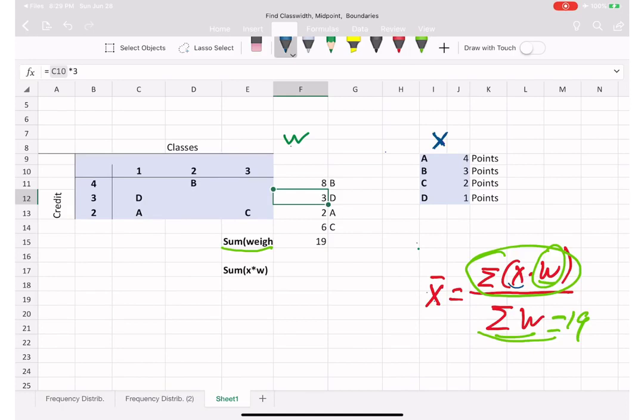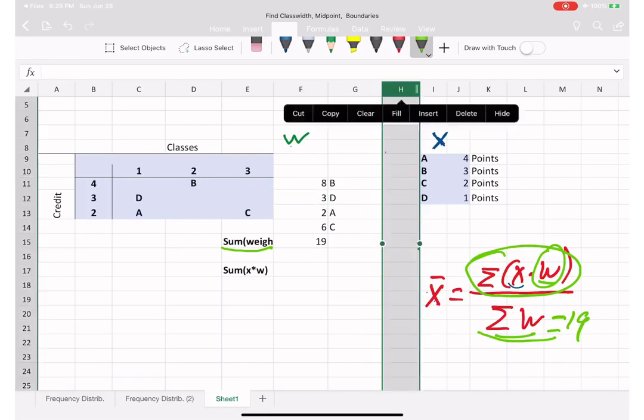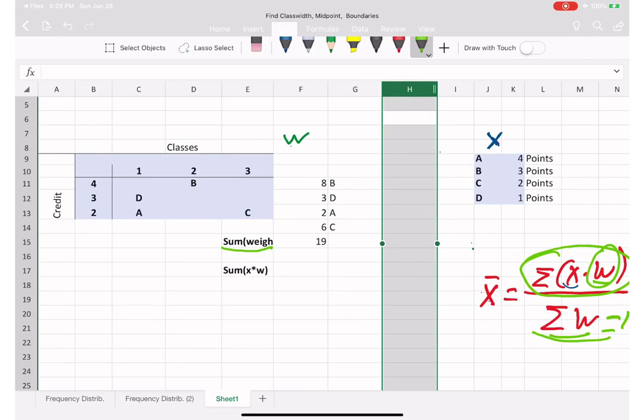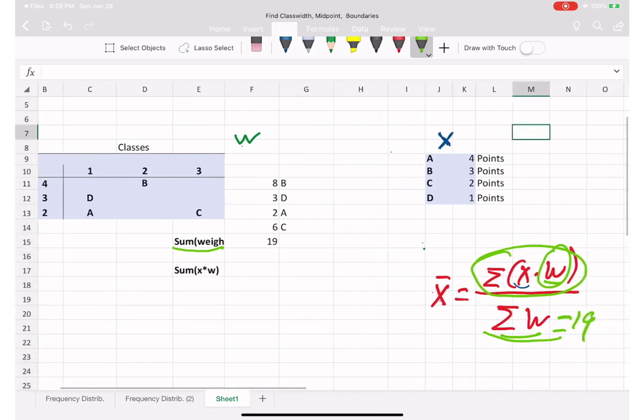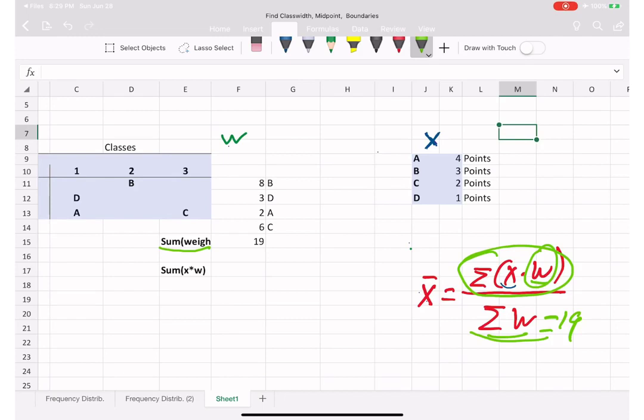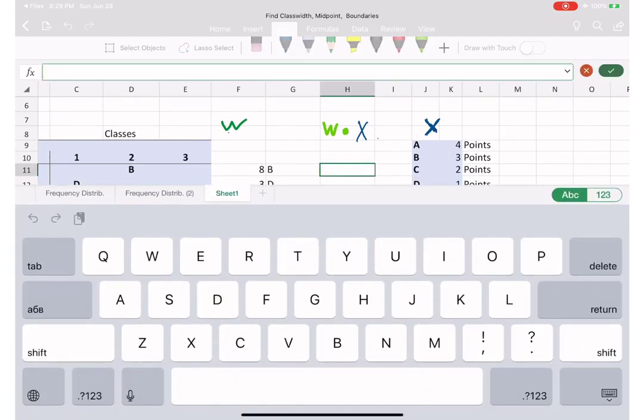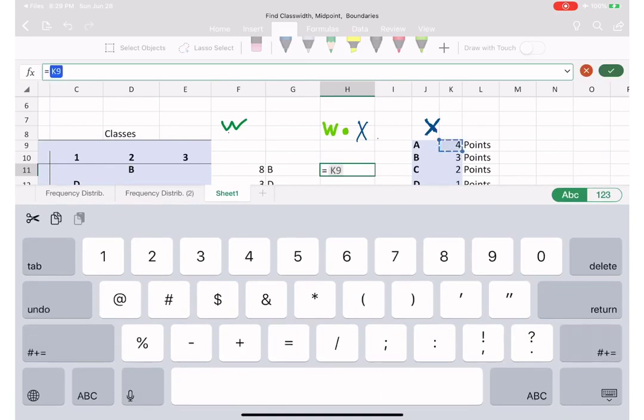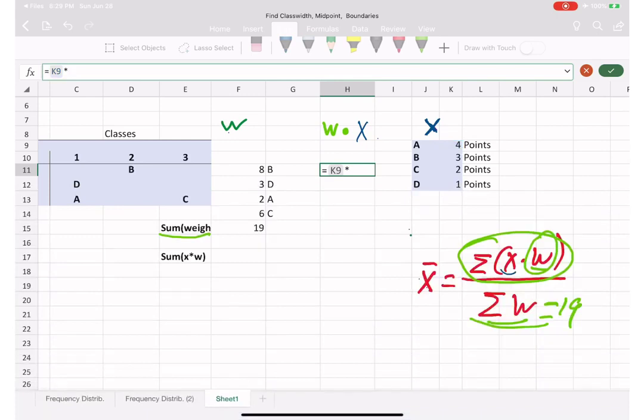So let me write down here. We are going to do the following: W times X. Okay, so let's do it. We have equal sign. We multiply the points of A, multiply by, where is my point of A here?